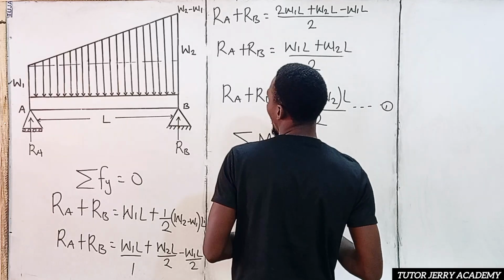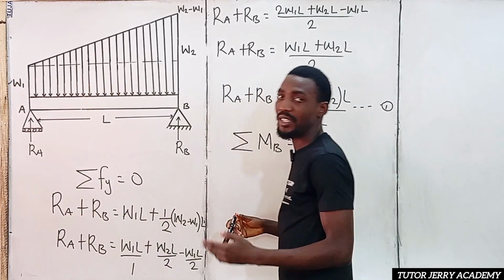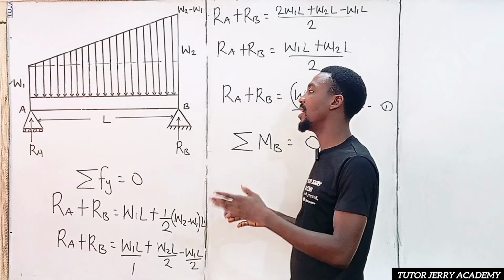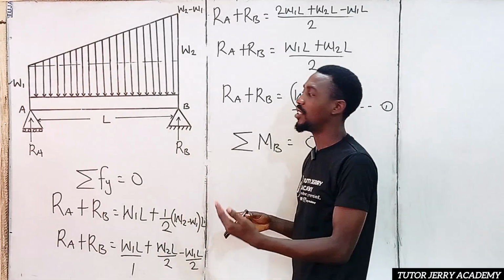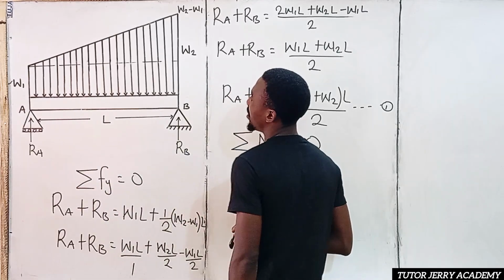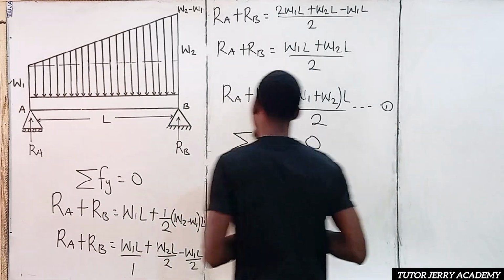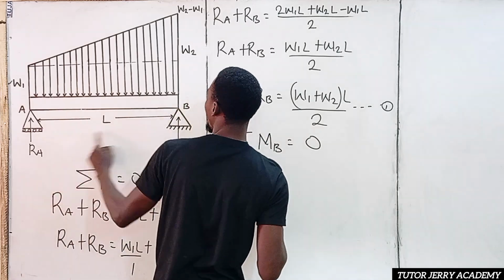Multiplied by L. So we are going to take our upward force to be what? Positive, and our downward force to be what? Negative. If we say upward force, it means the moment that this upward force is creating is going to be what? Positive, while the moment that the downward force is creating is going to be what? Negative.